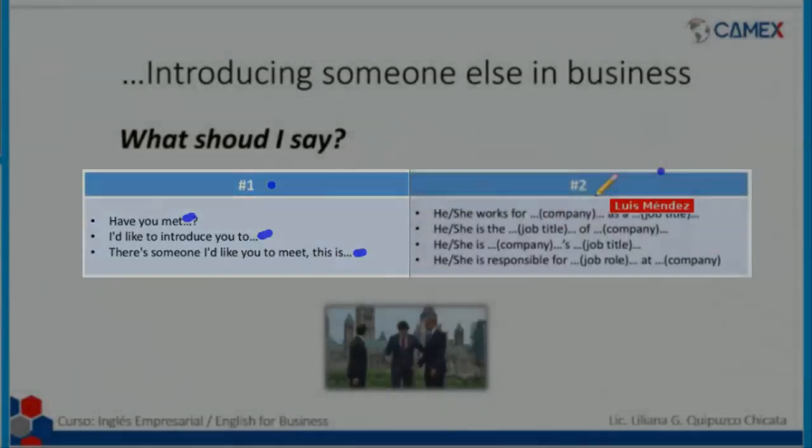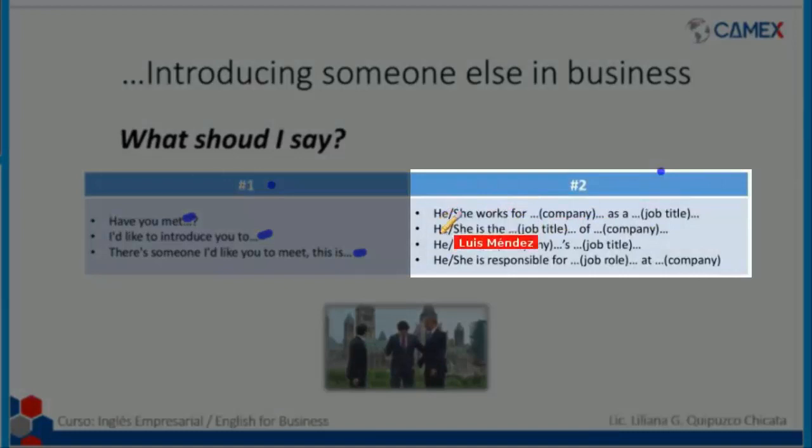And the second part is, you can say he or she, depending on if it is a male or a female. He or she works for, and you say the name, as a, and you say the job title. The other option is he or she is the, and you use the job title, and then you say at and the company.